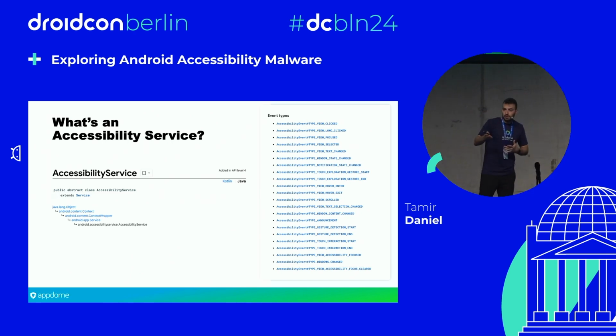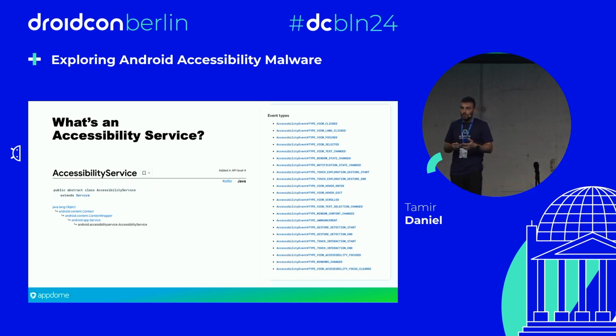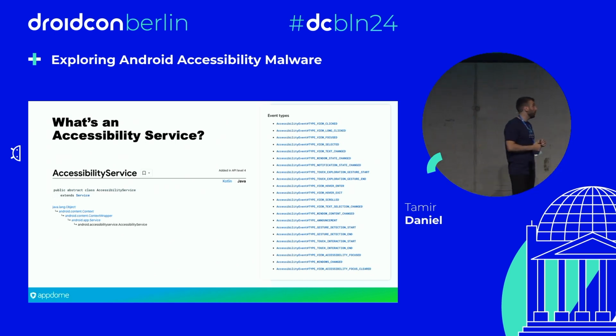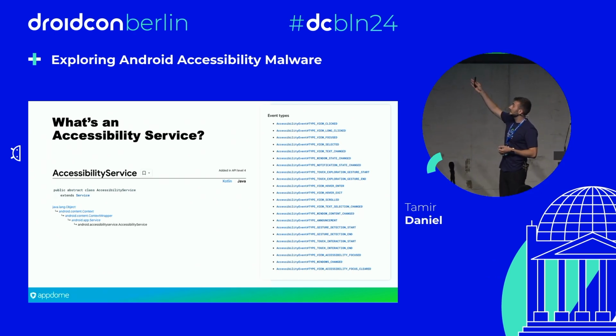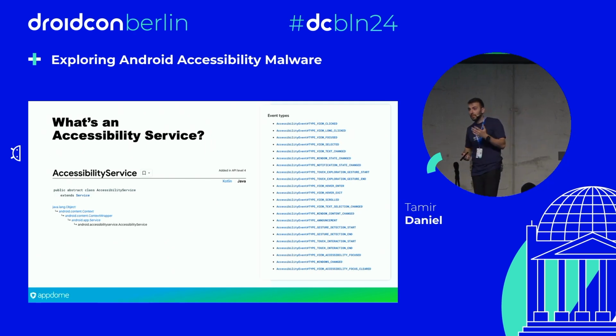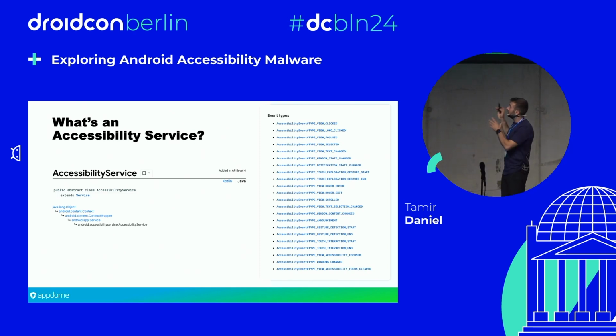For example, if the user touches the application and the content has changed, we will get a window content change event. And if you want to implement such a service, you need to extend this service and implement the abstract methods. Once you do that, you can also get the capability to query the content of the active window. And we will implement such a service in a moment.